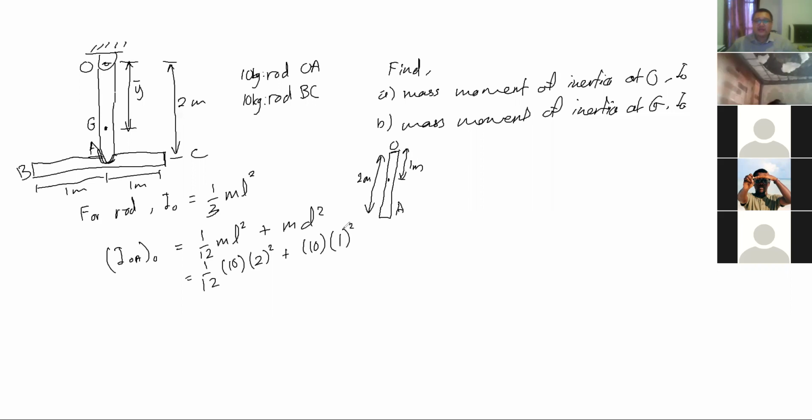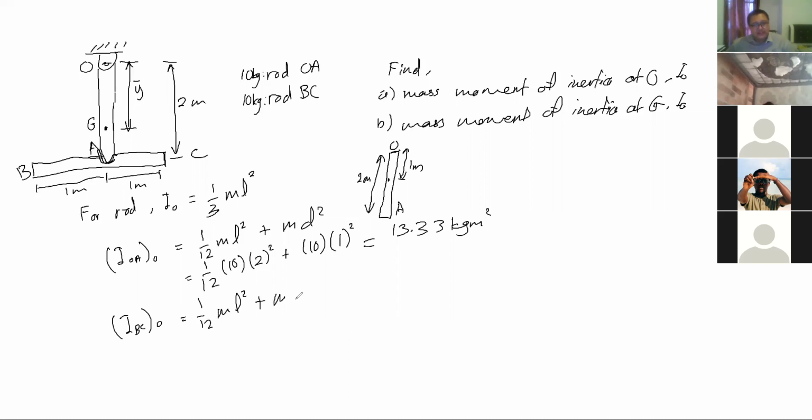That's why here D is equal to 1. And if you solve this one, you get 13.3 kg meter square. Let me draw IC at point O, which is going to be 1/12 ml square plus md square.